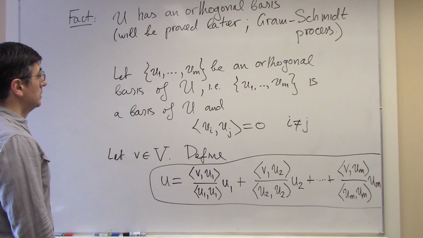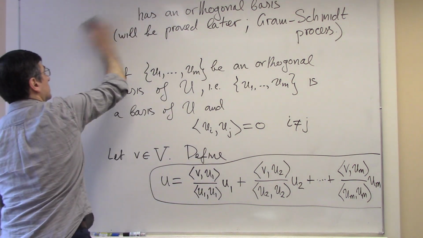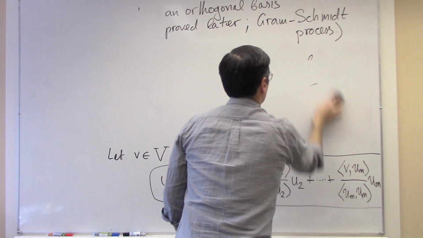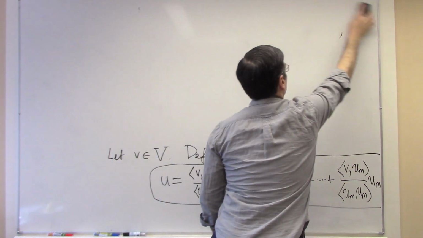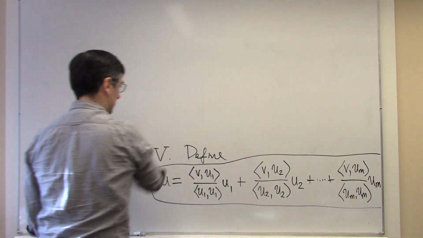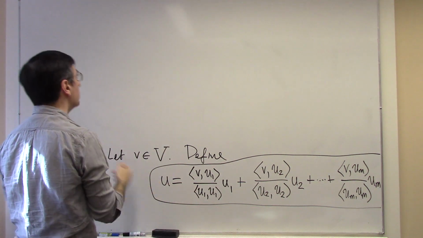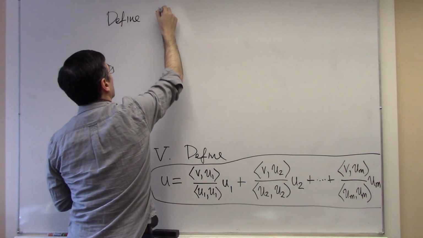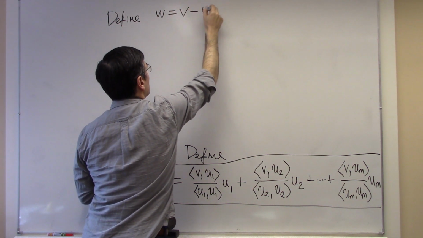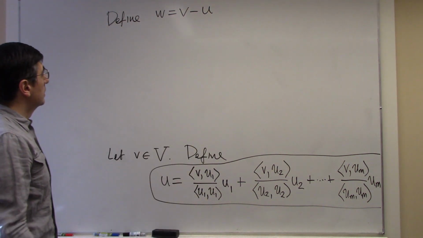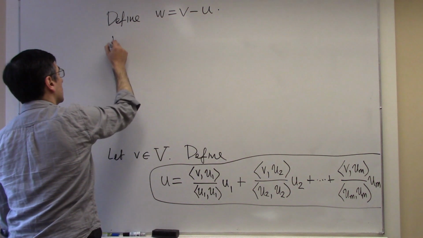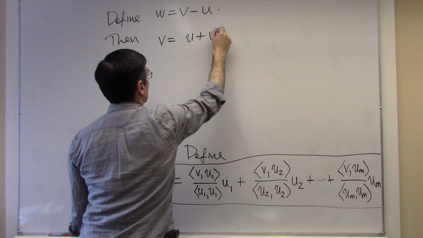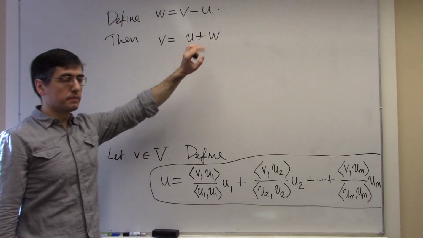All right. So let's continue. This is U. So for V, we define this U, and then you define W to be V minus U. Again, where U is this guy. Then obviously V is U plus W. Right, so this part is obvious.